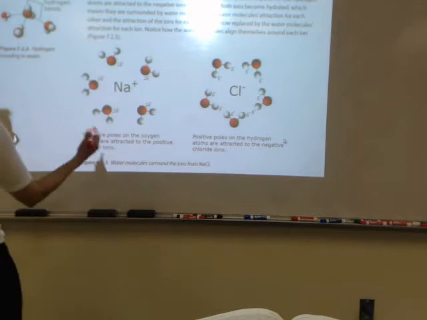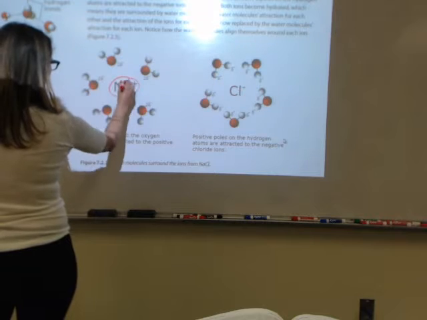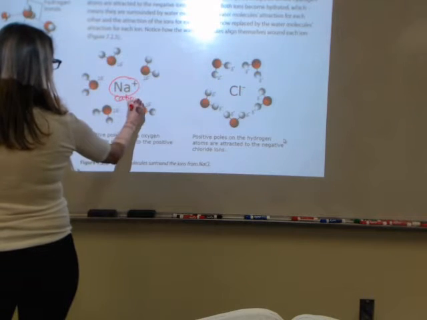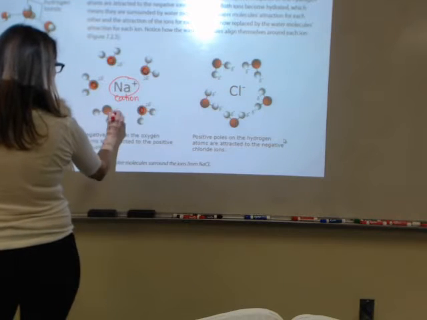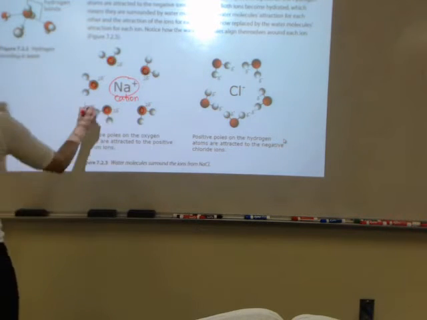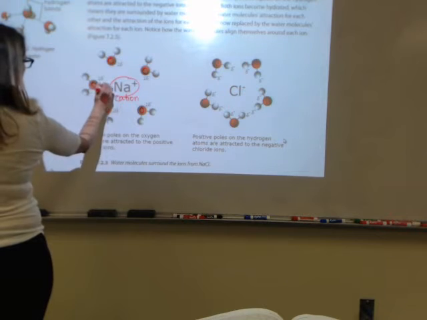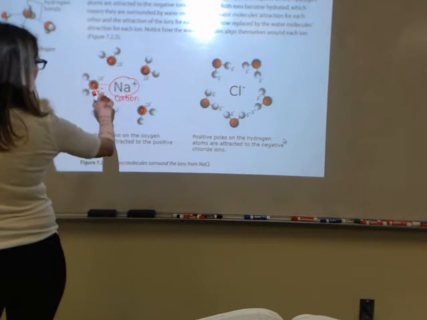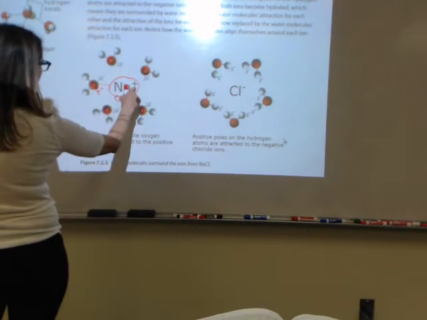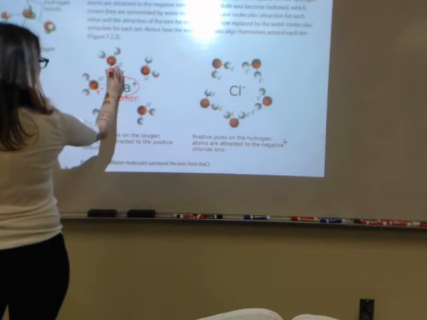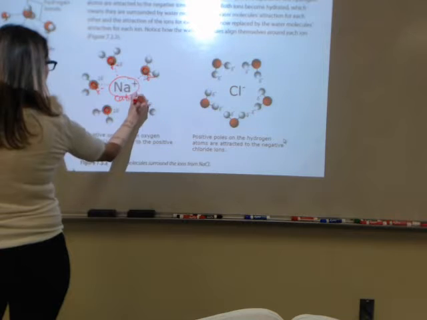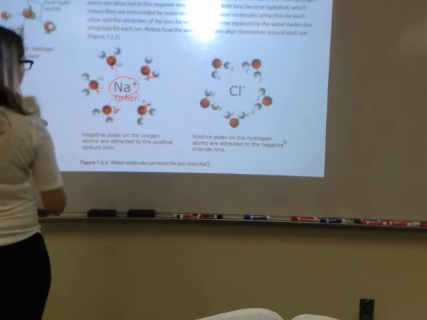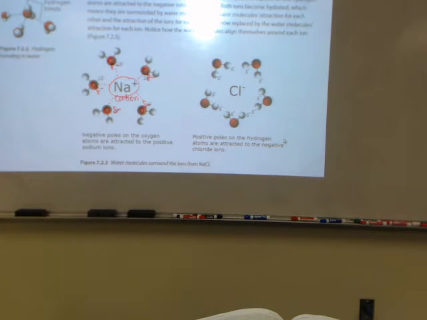Here you see, and we've talked about this earlier, that your cation is surrounded by the negative end of water, which is where your oxygen is. So you have this partial negative attraction between the partial negative end of water and the positively charged cation, and that is happening here for all of these water molecules, okay?